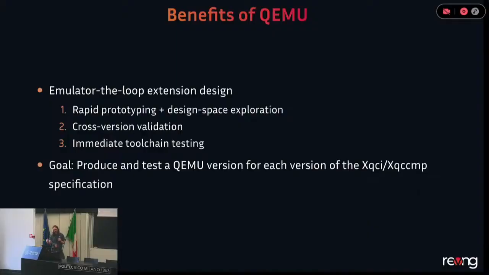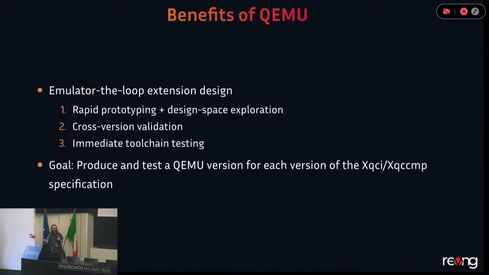One is that if we're able to go from this machine-readable ISA to a working version of QEMU, you can quite quickly prototype instructions and explore different implementations of the same instruction you might be interested in. We're also able to validate versions of the spec across versions, and we do this by generating tests for one version of the spec, and then when you update, you can run your new version of QEMU against the old tests.